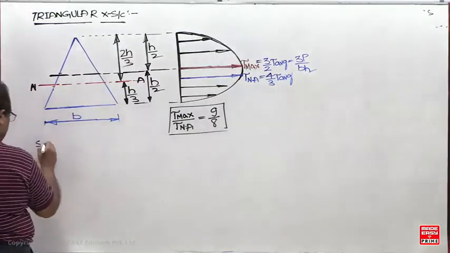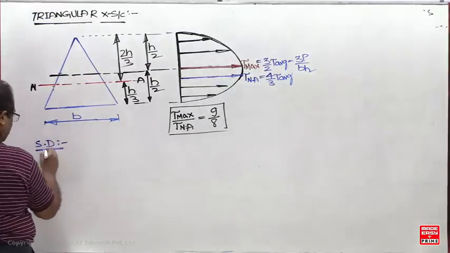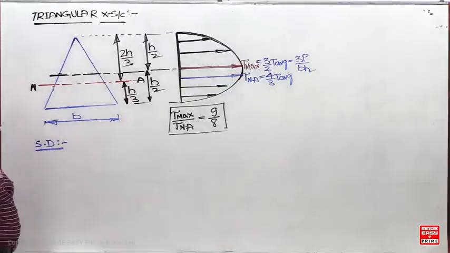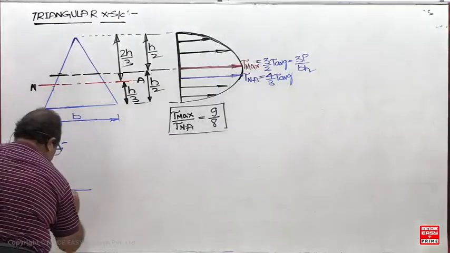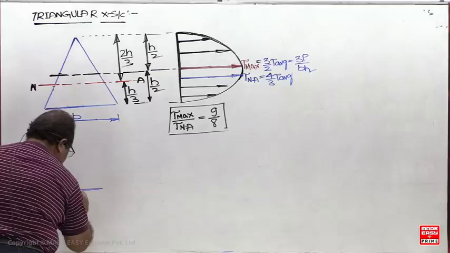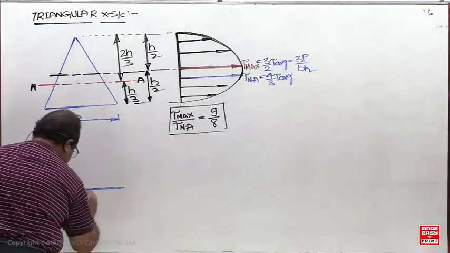SD: square cross section with diagonals vertical and horizontal. Some students will ask once again, sir, what is the SD? I already studied the bending stress chapter.